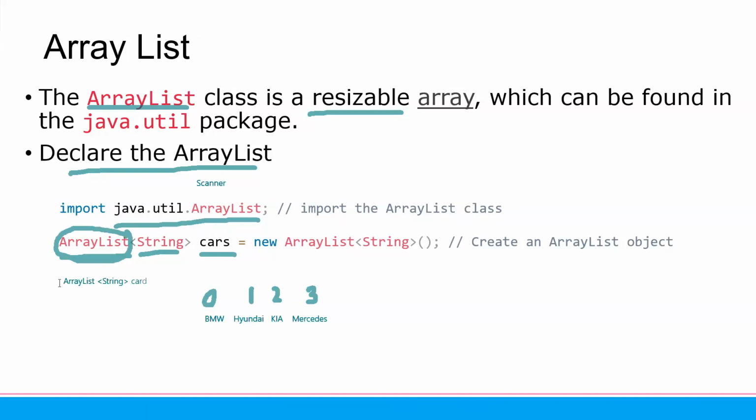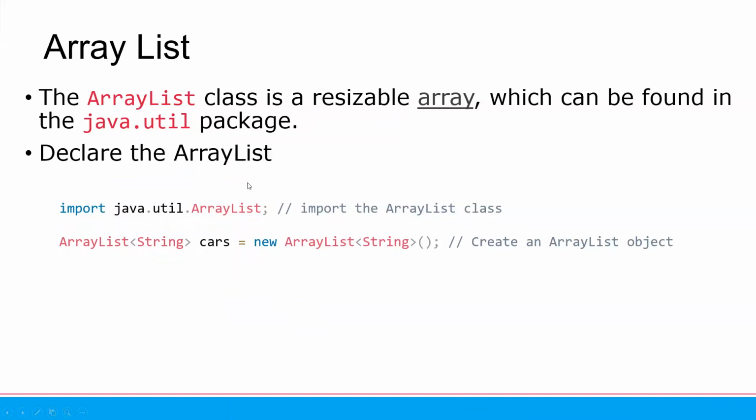I would like to have a new variable named cars, and make it a new array list using the data type string. Don't forget to put the parentheses to make it an object. This is how we define the array list.